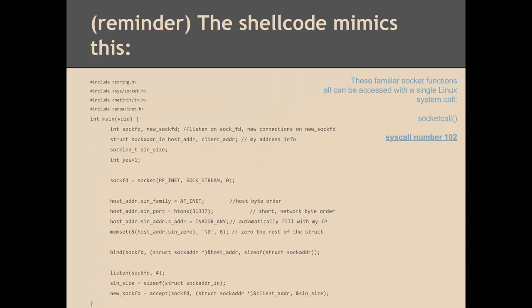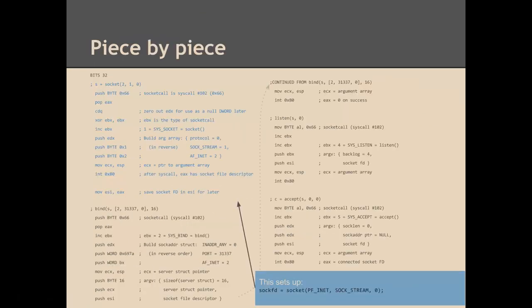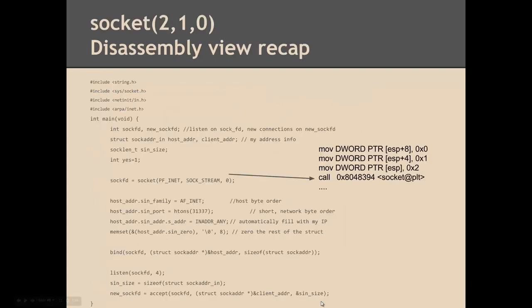So we're going to be changing, instead of bind, listen, accept, to connect here at the higher level. And all this shellcode, highlighted in blue, sets up the sys socket call to establish the socket.